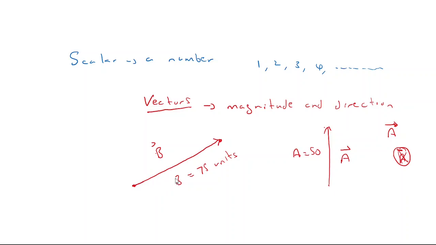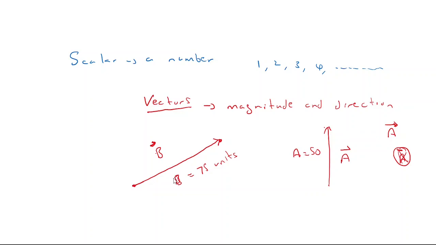So if I write B without this arrow on top, what I have done is I'm telling you only the magnitude of this vector. The direction of that vector, you can get from the drawing.